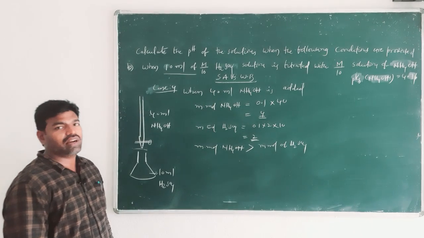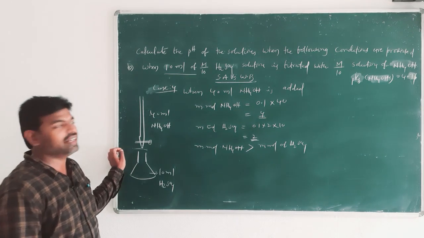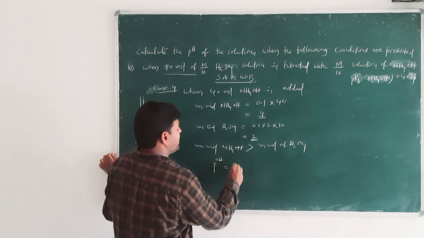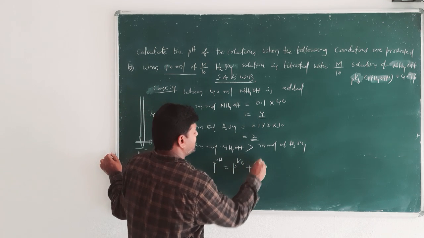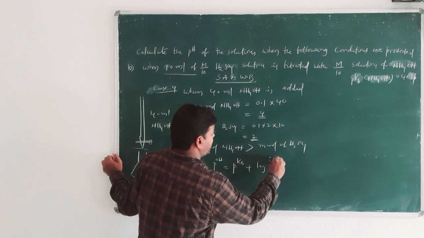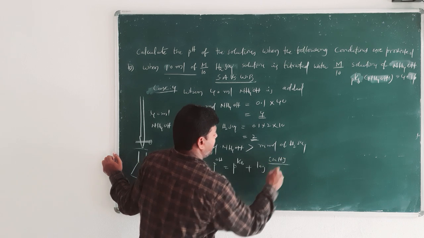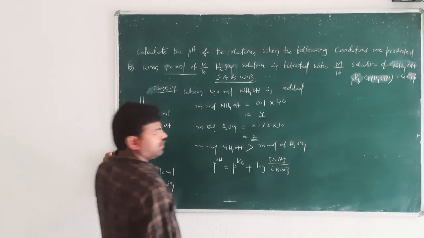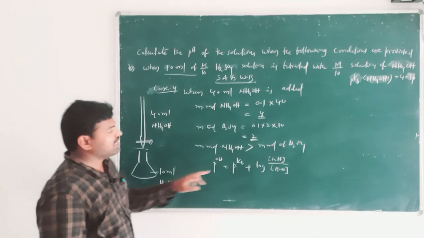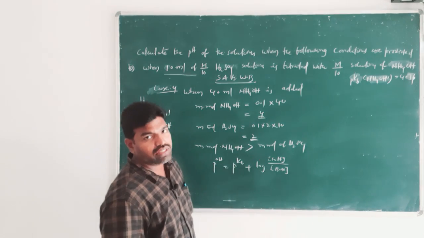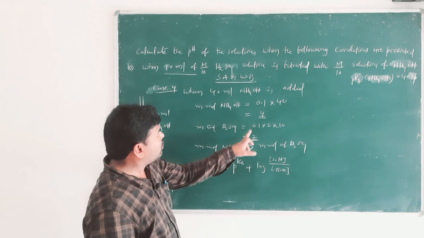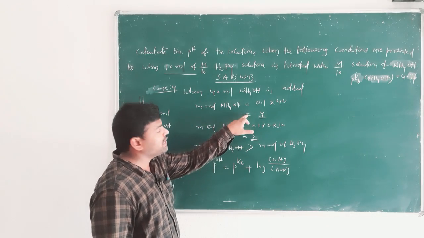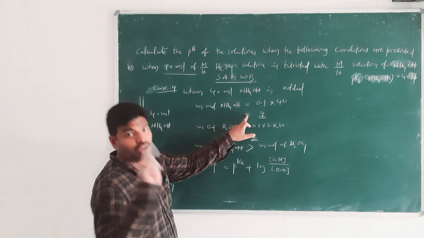So, what is the formula for basic buffer? pOH is equal to pKb plus log of concentration of salt by concentration of base. The 2 milliequivalents of analyte react with 2 milliequivalents of NH4OH only.